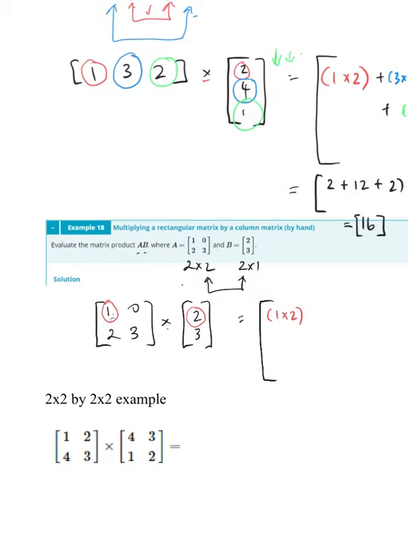Now, because I haven't finished this row, I know that I'm going to be adding to that element. So 0, my second column in my first row, my second one along in my first row, times the second one down in my column. So 0 times 3.